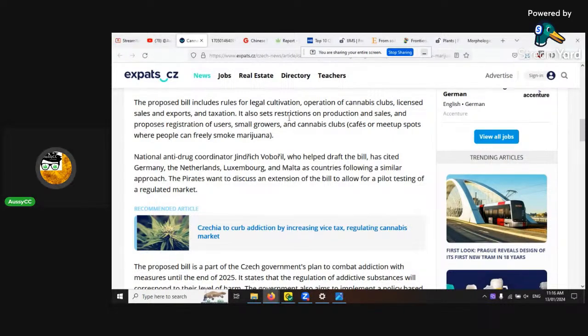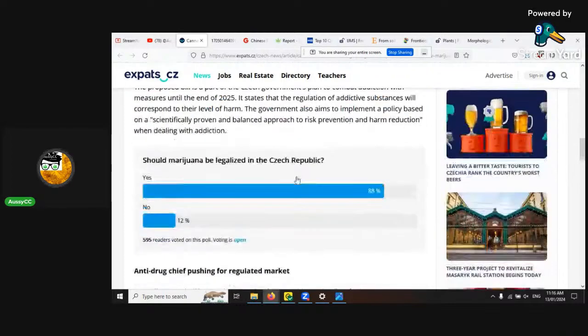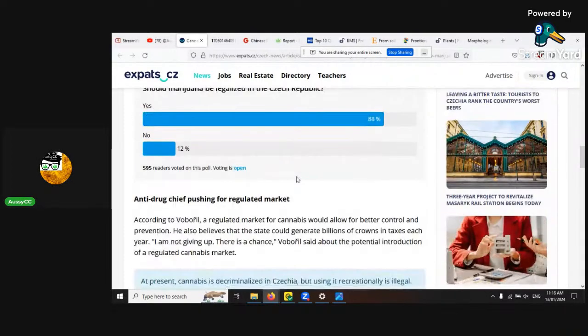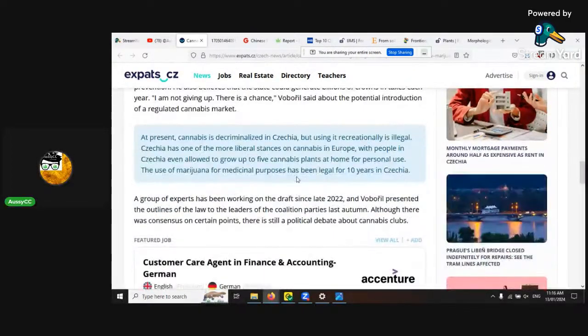Wow. It also sets restrictions on production and sales, small growers, cannabis clubs. How cool. Just like it's happening at the moment in Germany, the Netherlands, Luxembourg, and Malta. Some other European countries are going and legalizing it as well. What else does it go on to say?